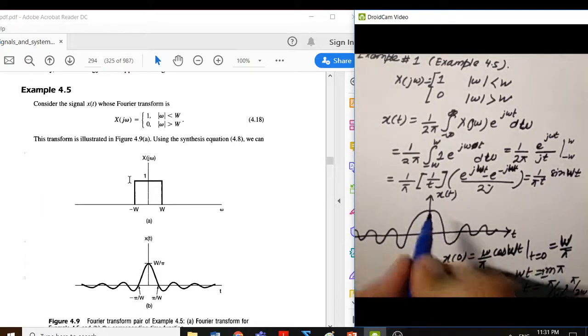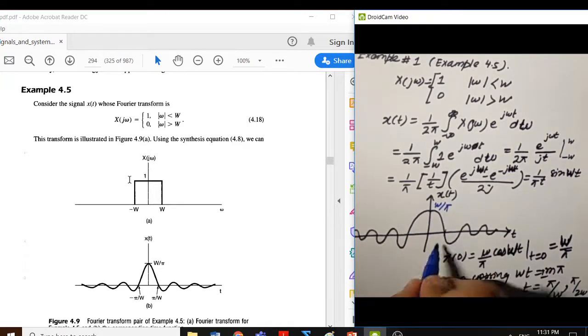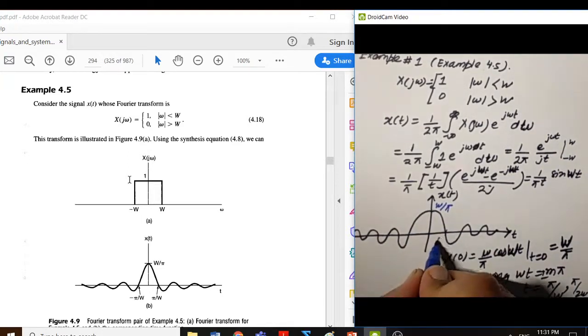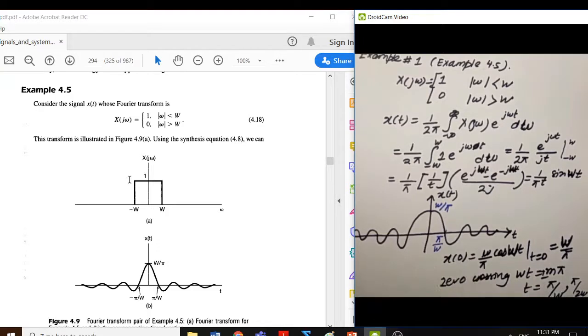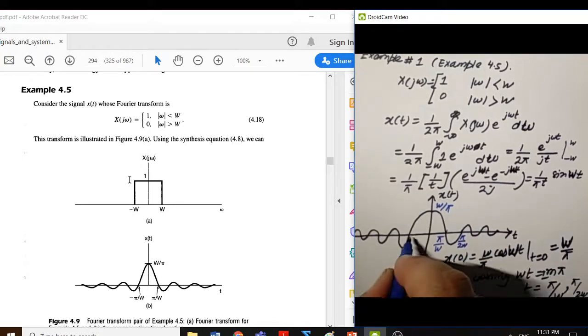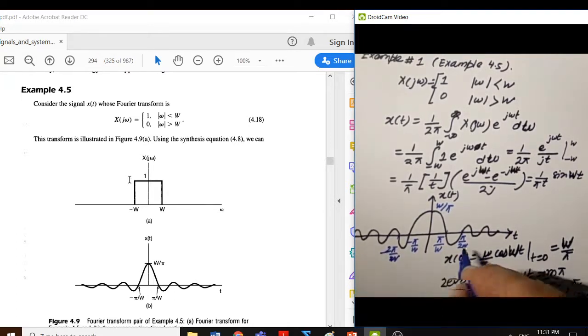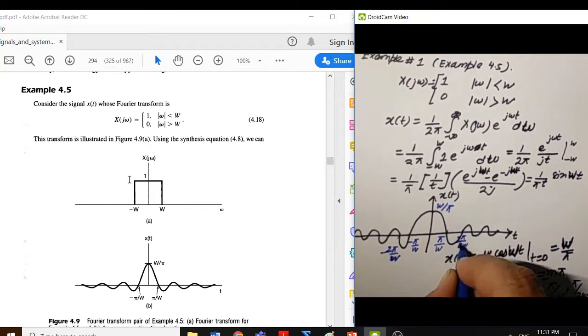We know the magnitude at this point is W by pi. This point is pi by W. This point is 2 pi by W. This point is minus pi by W. This is minus 2 pi by W, and so forth.